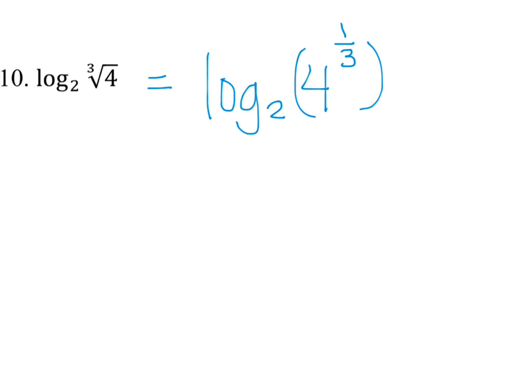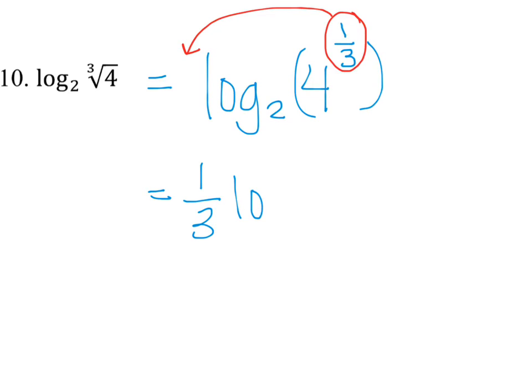In 2.3, we learned about the power rule for logarithms that says if I have an exponent in a logarithm, I can bring that down to the front of the log. So I'm going to say this is just 1/3 times log base 2 of 4.